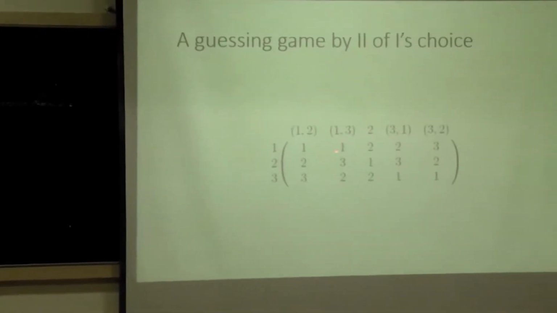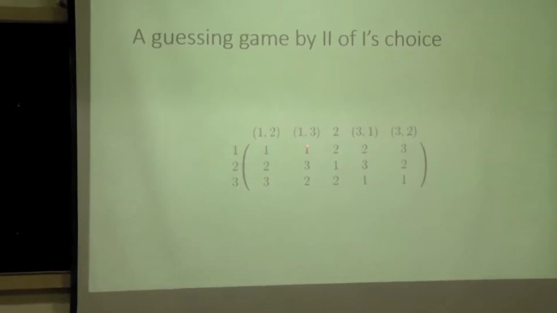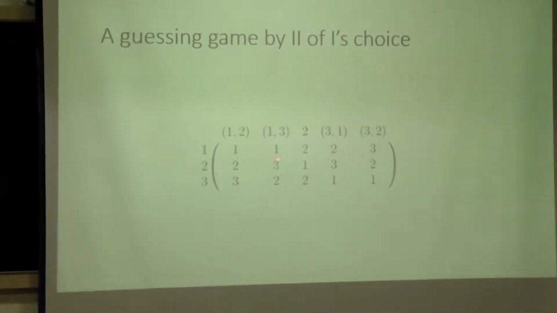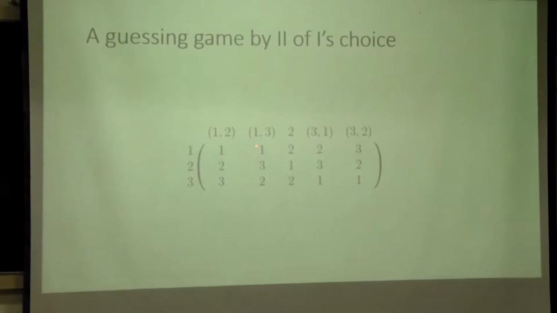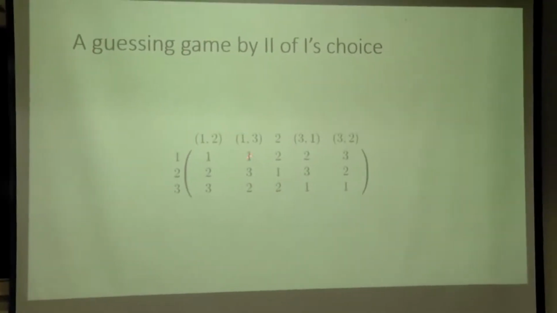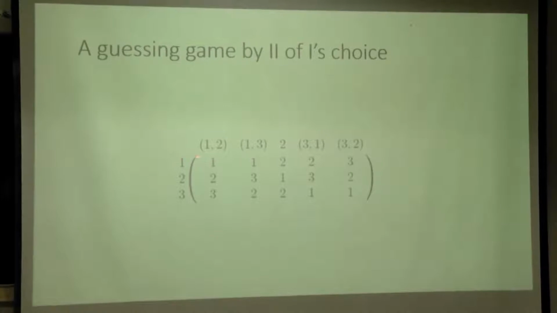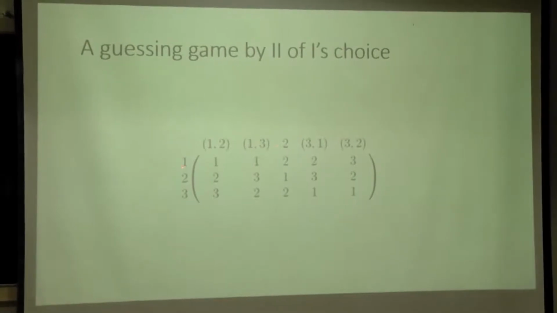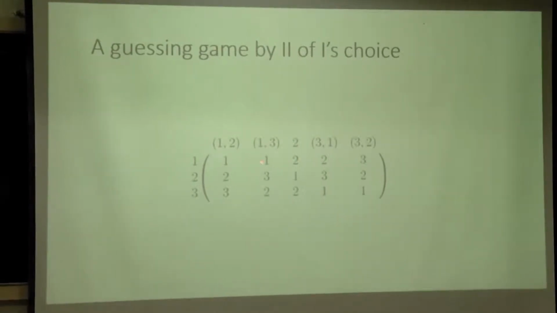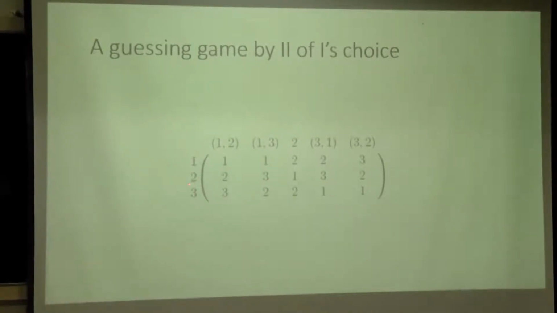Let's look at this column. It says player 2, the column player, his first guess will be 1, and in case the opponent says yours is low, his second guess will be 3. Now, say player 1 has chosen 1, and his first guess is 1, so the game is over. With one guess, player 2 pays 1 rupee to player 1. Here, he chose 2.